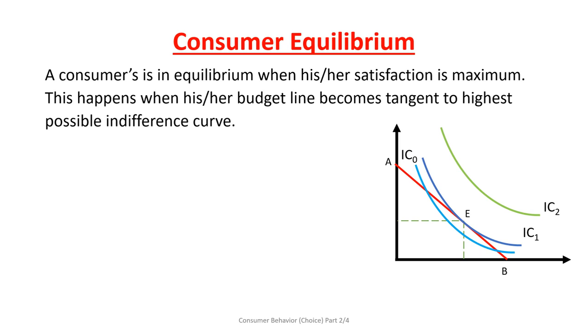A budget line, as we already discussed in previous lecture, divides commodities into affordable and not affordable. So, from this diagram, we can see that although the bundles lying on IC2 will give us the most satisfaction, however, these bundles are out of the reach of the consumer.